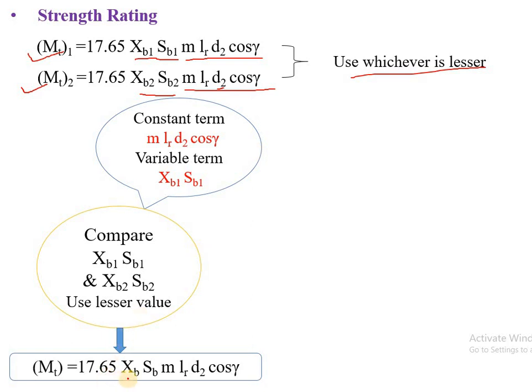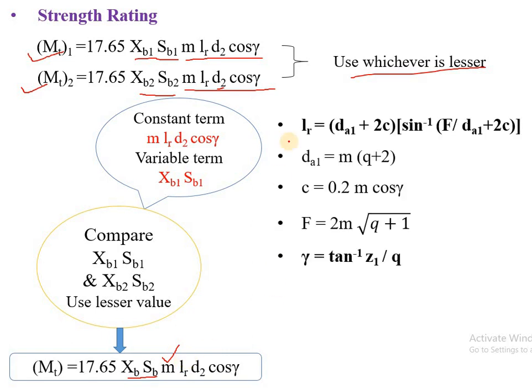So you will substitute the lesser value of product. Now you are supposed to calculate all this. So M you know, it is given in the numerical. Then LR, that is the length of root of worm. It is given by this formula: (dA1 plus 2C) in bracket, sine inverse of F upon (dA1 plus 2C).